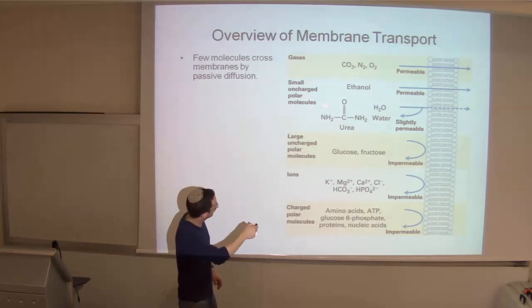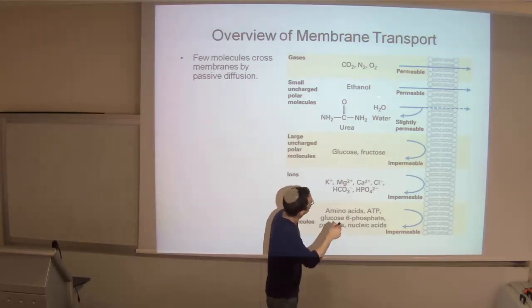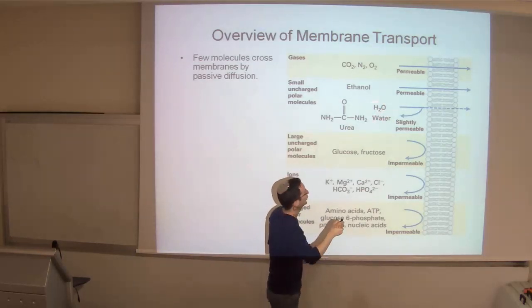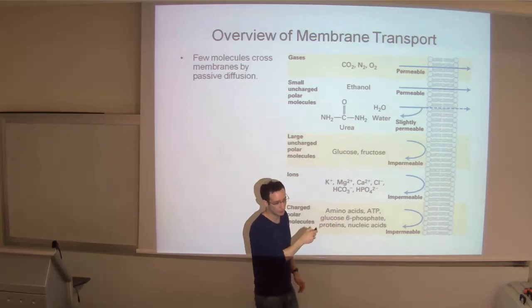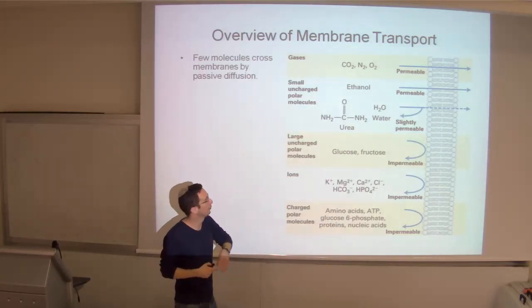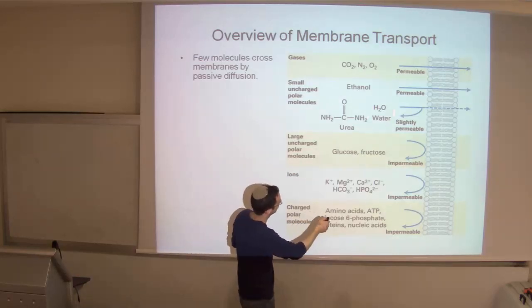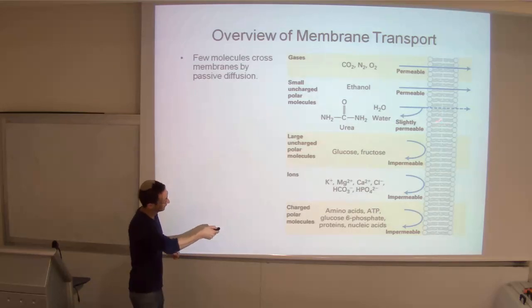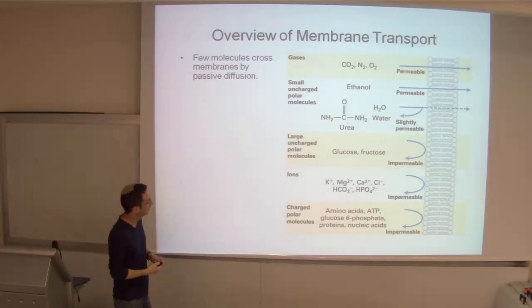Small uncharged polar molecules such as ethanol and water have a partial permeability. Although water has partial permeability, it has its own transporter, what we call the aquaporin, which we will meet later on. But still, it has some capacity to pass the membrane in a passive manner.